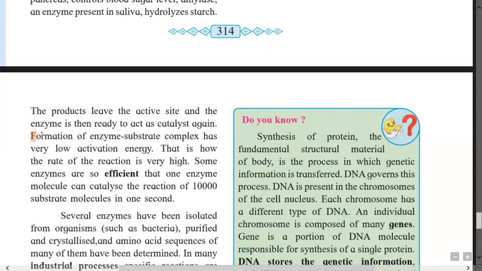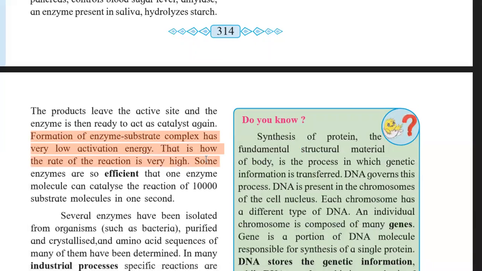The formation of the enzyme substrate complex has a very low activation energy, meaning the energy required to bind these two molecules is very less, and that is how the rate of reaction is very high. Some enzymes are so efficient that one enzyme molecule can catalyze the reaction of 10,000 substrate molecules in 1 second.